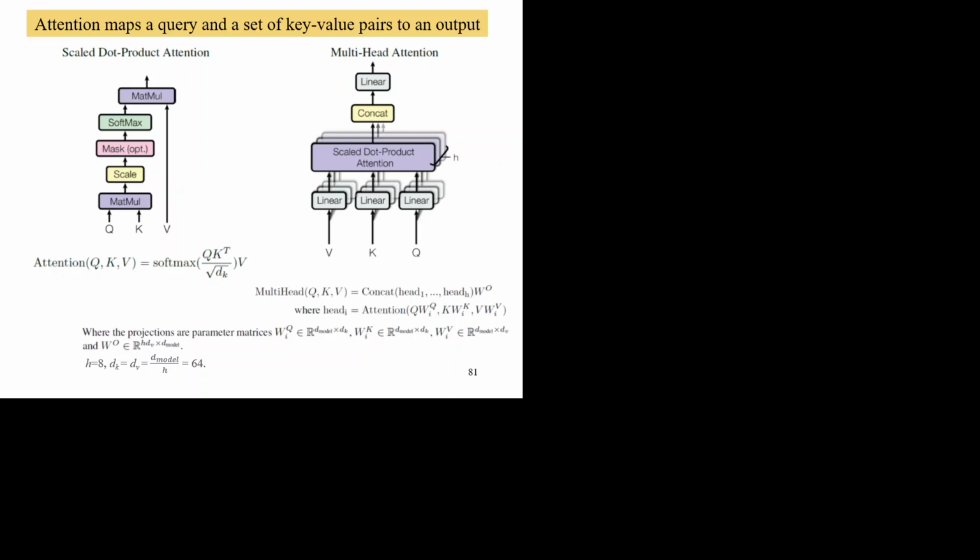Each time, suppose in this case Q, K, V, I will do a linear projection to project to a smaller vector space, and then in each space I perform the attention again, the same mechanism here. I will do it on different heads each time.